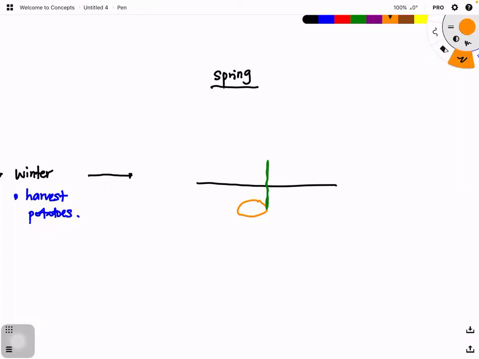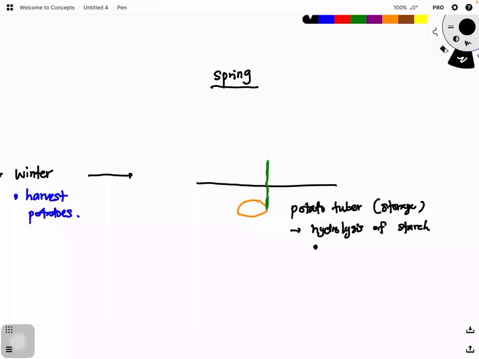So this potato tuber now has the storage of starch, correct or not? So it supplies, through hydrolysis of starch, assimilate to the plant. This assimilate now moves from the potato tuber up to the stem.